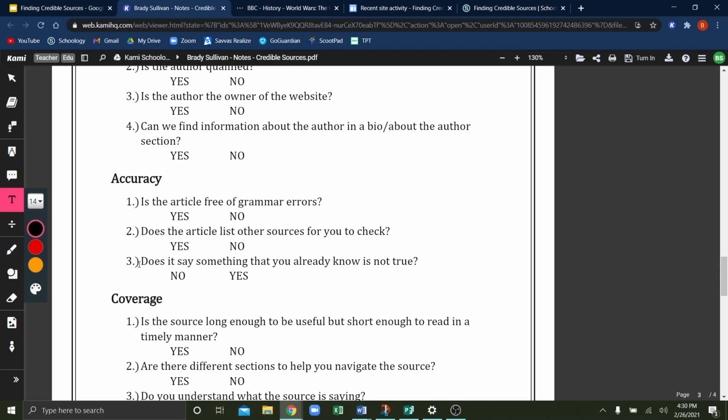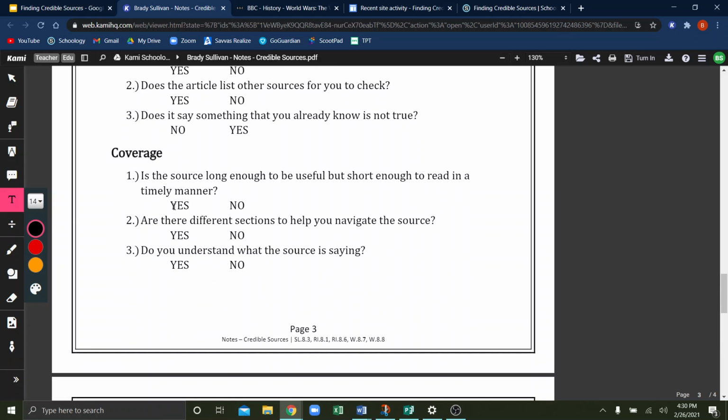So does this have sections? Is this long enough? Yes. Does this have sections? Yes.